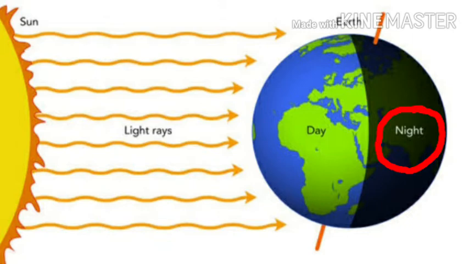So because of the rotation, some part of our earth which is facing the sun has day and the rest of the part has night. That's why we don't have day and night at the same time across the globe.